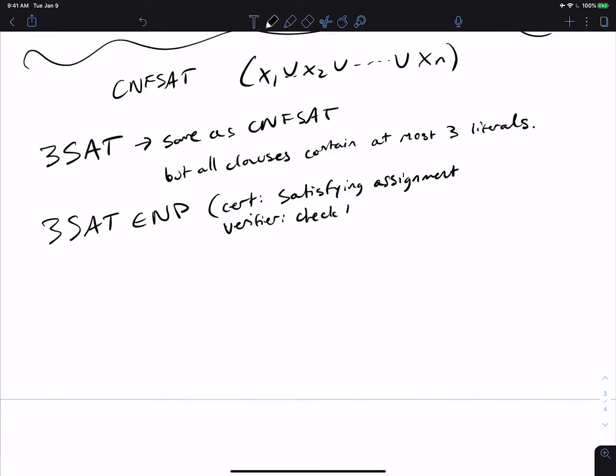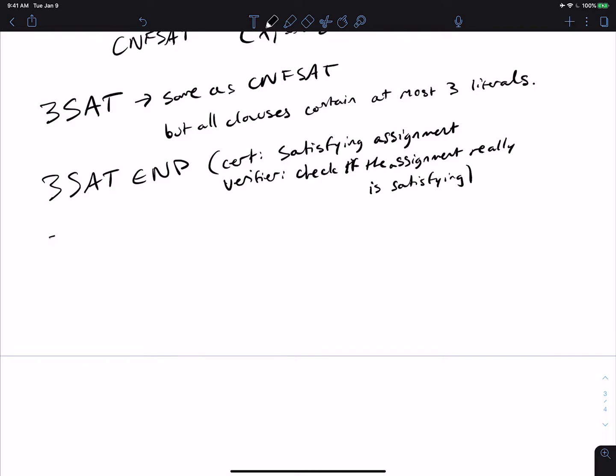Check if the assignment really is satisfying. Okay, so it's pretty clear that it's in NP. It's the same reason that CNF sat is in NP. But I claim that 3-sat is NP complete.